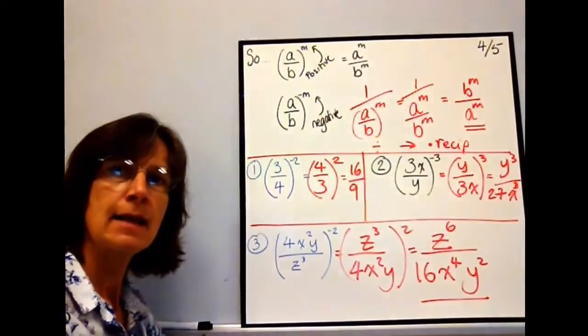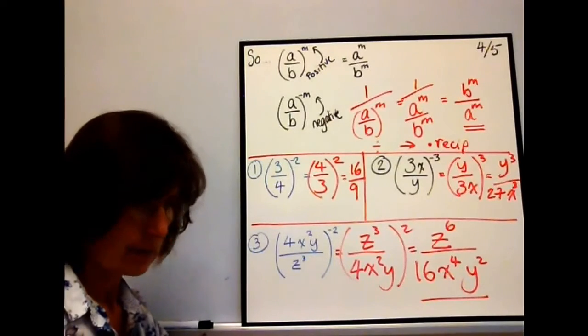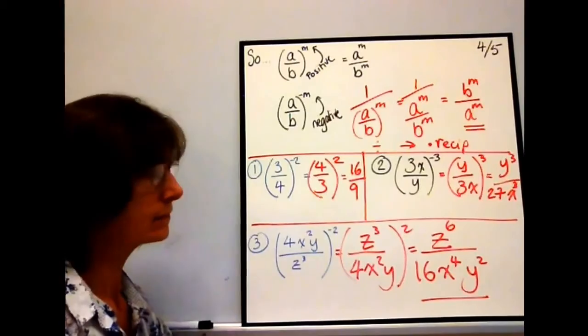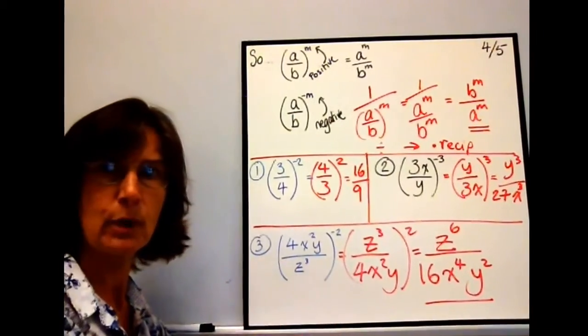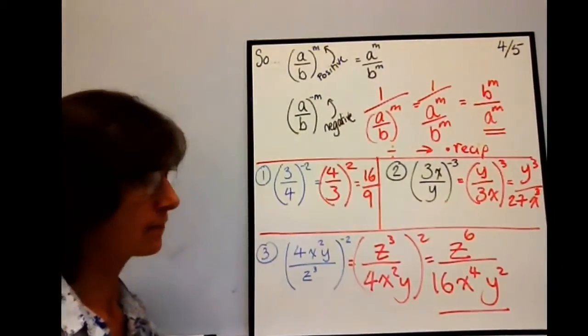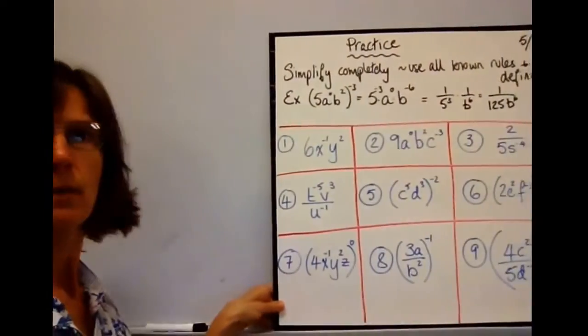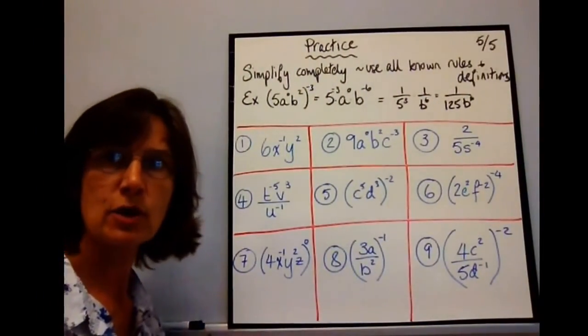Wow, that is a lot to digest, but I wanted to get all of the rest of our rules on one tape. Put it on pause, copy it down, think about it. And the last board is just a practice board, and I just need to slide that across. It's practice for everything we've just done.